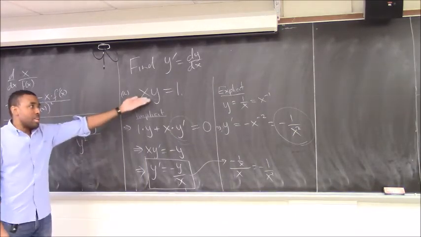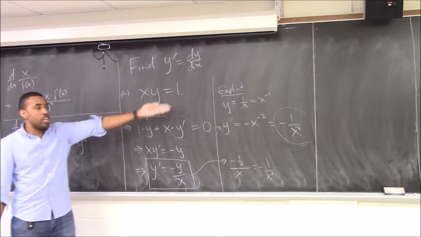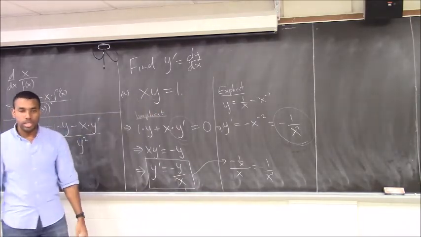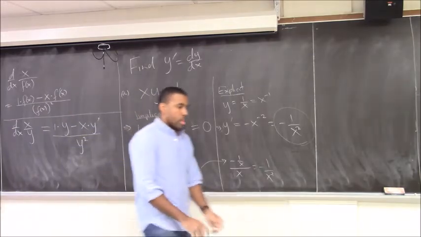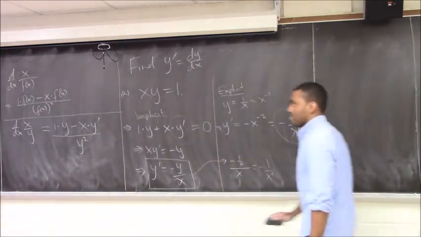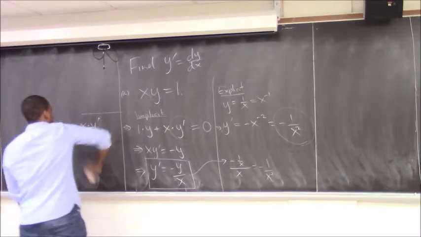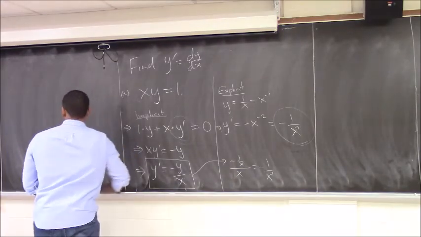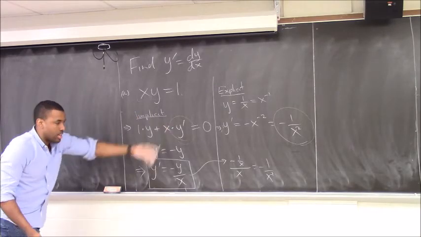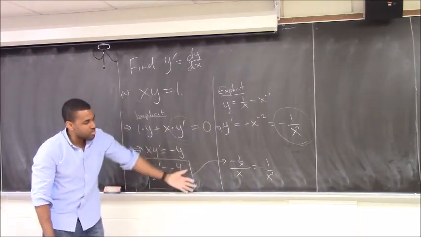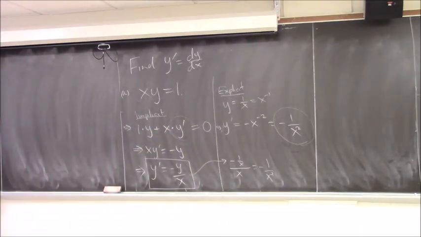This is an example of a problem that you can do implicitly or explicitly. It just depends on your mood at the time. Here's another problem. Neither of these are particularly hard. The answer seems to be in different forms, but they're really the same.